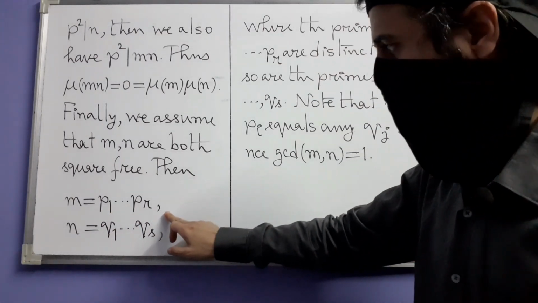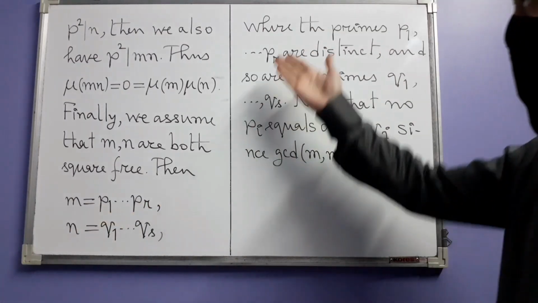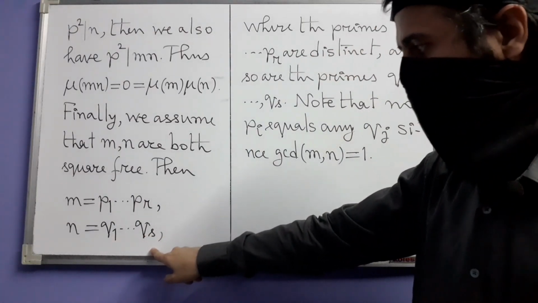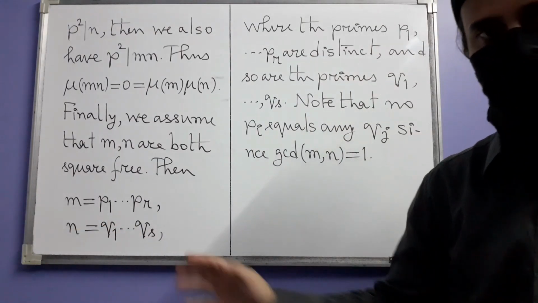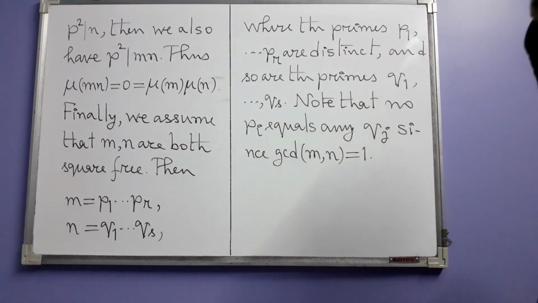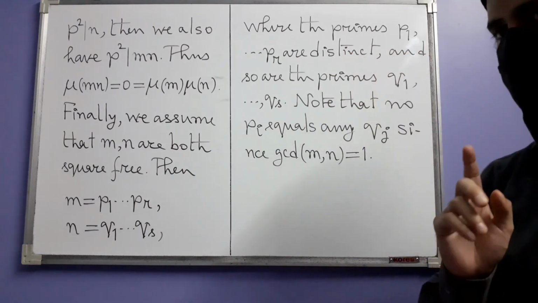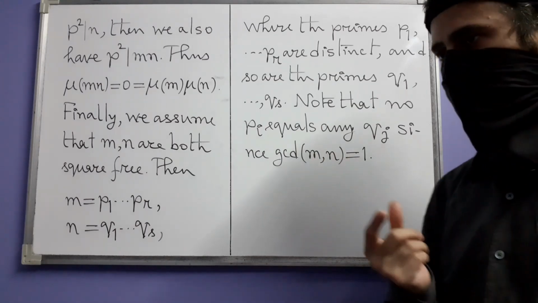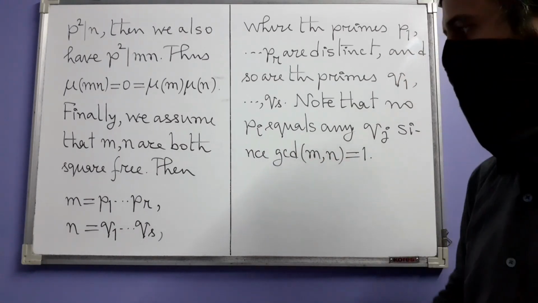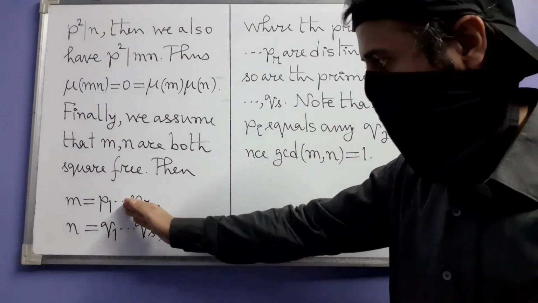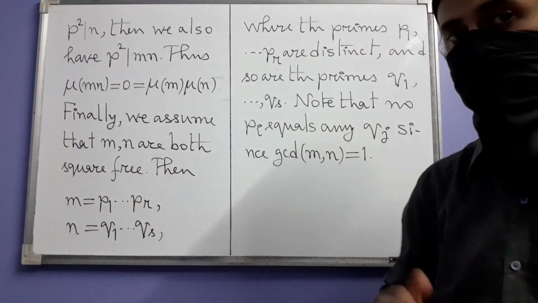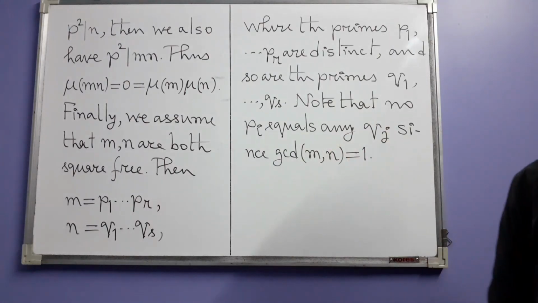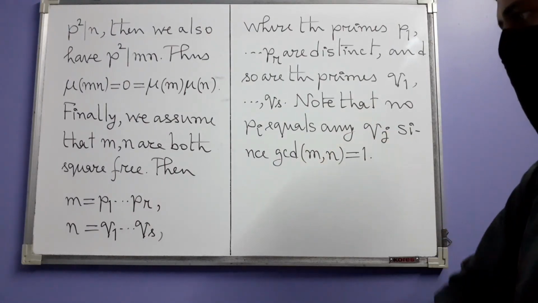All these pi's in the factorization of m are distinct. Similarly, all the qj's in the factorization of n are primes, and they are also distinct. Moreover, we should not forget that m and n are relatively prime, so there is nothing common between the two factorizations. No pi is equal to any qj.